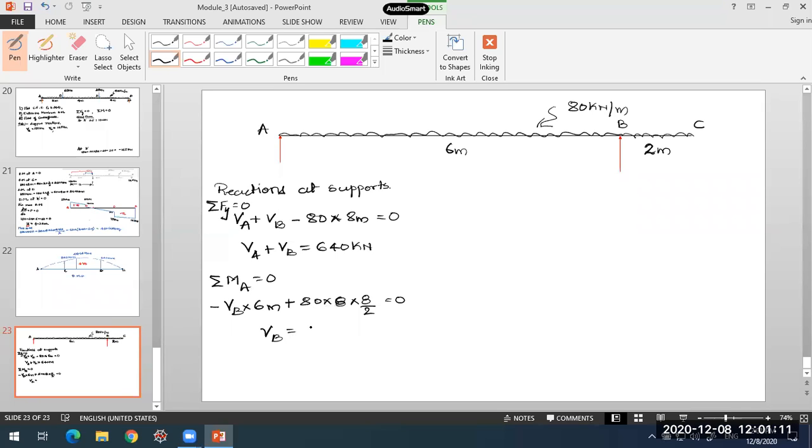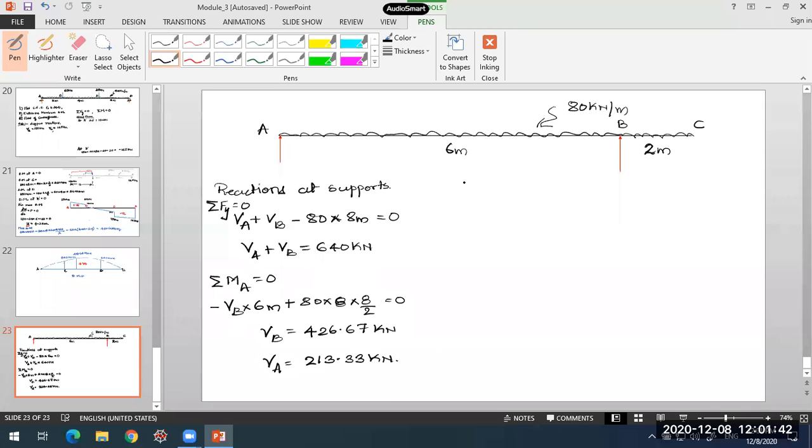What is this reaction VB? So 426.67 kilonewton. And what about VA if we get VB? 213.33 kilonewtons. So these are the reactions.